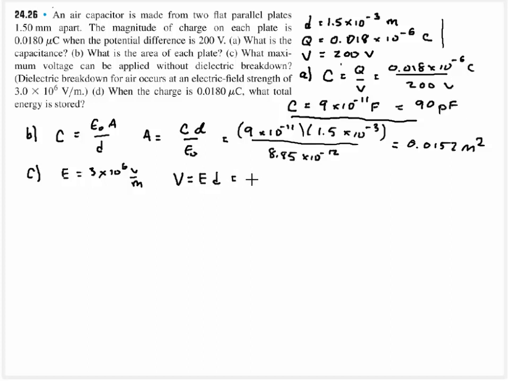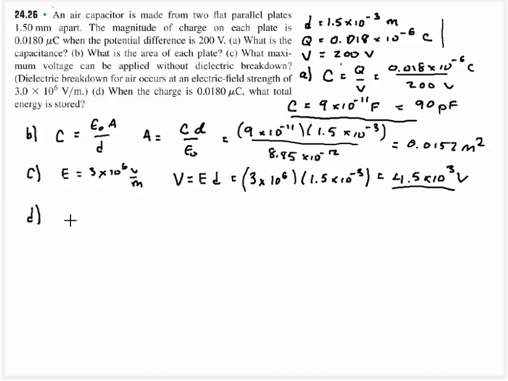Maximum voltage is going to occur at maximum electric field, so that's going to be 3 times 10 to the 6 volts per meter. I know what the distance of separation is. It's 1.5 times 10 to the minus 3 meters. You can see that the units are going to work out to be volts, and I'm going to come out with 4.5 times 10 to the third volts is going to be the maximum voltage I can put across this air capacitor for this given distance of separation.